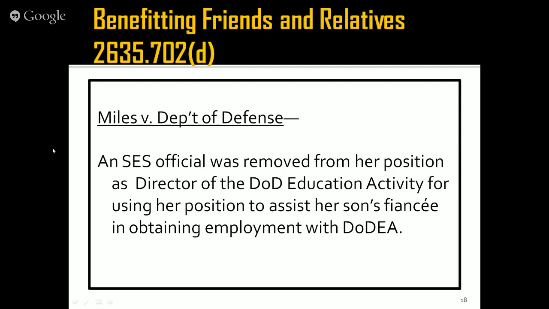The 702D, I think, is a provision that most people are not entirely familiar with, or maybe don't come across as frequently. So I'd like us to take a really quick look at 702D, because the title of it is Performance of Official Duties Affecting a Private Interest.